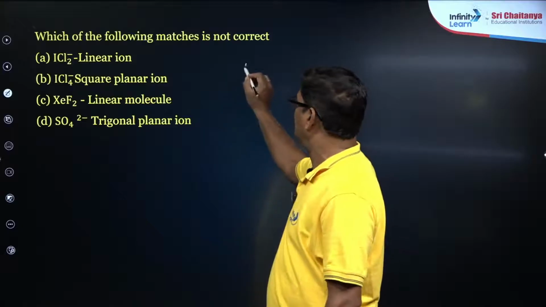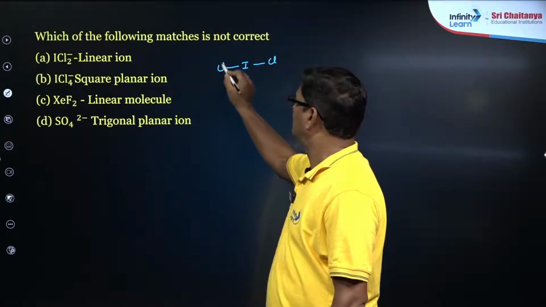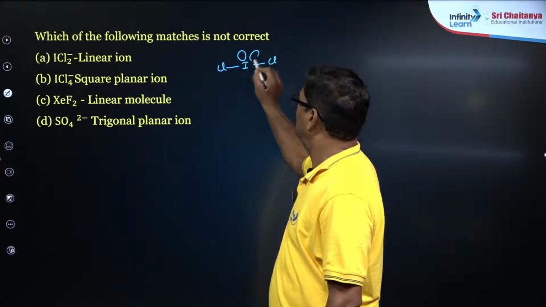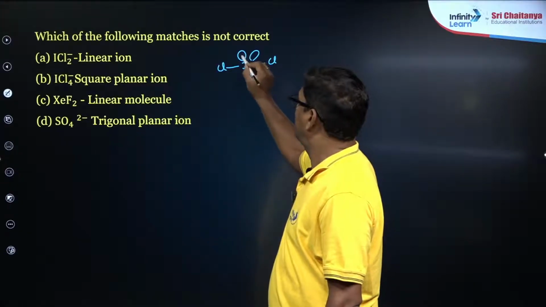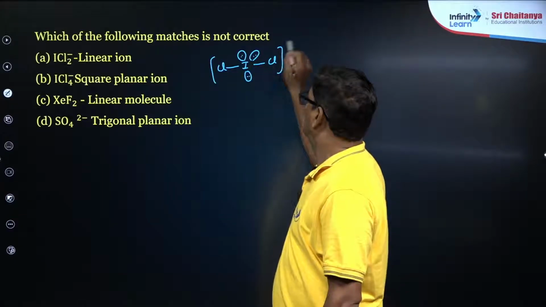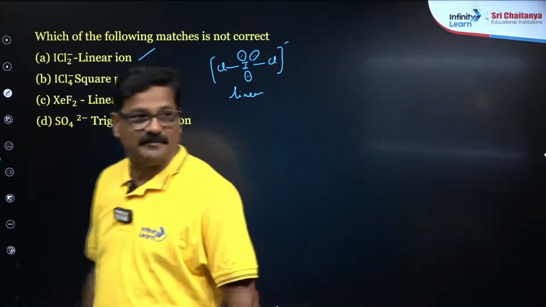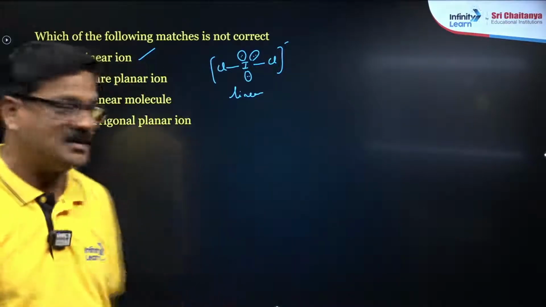So which of the following is not correct? ICl2 minus. I already gave you that. It is going to be linear, understood? This match is correct. So that is the way you have to start.